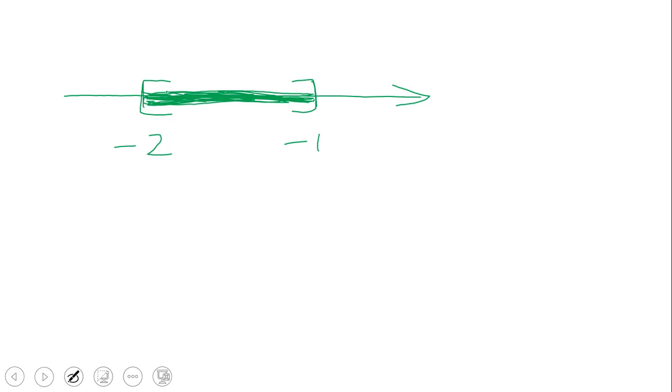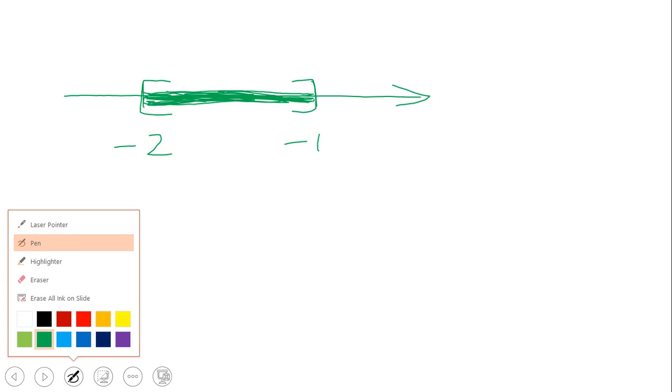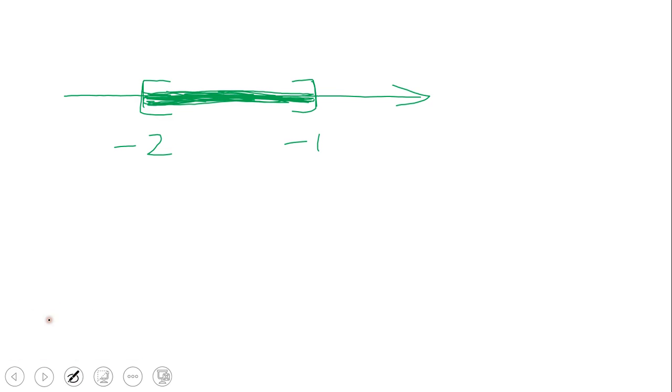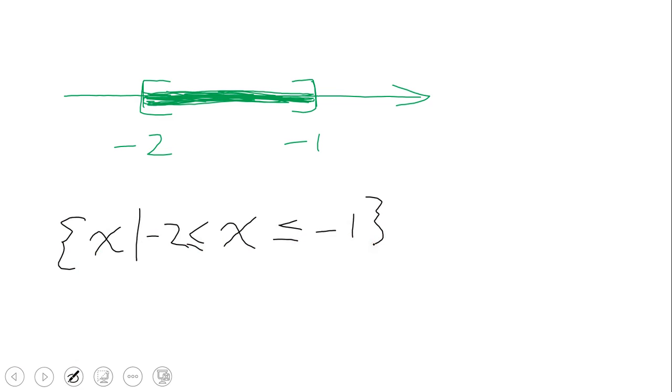So now we know that our solution is all x's such that x is between negative 2 and negative 1. Or I can just look straight at the graph and say x is in the set from -2 to -1.